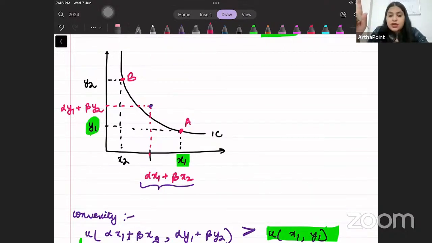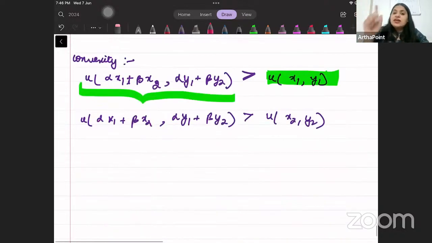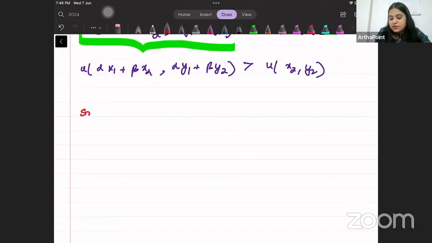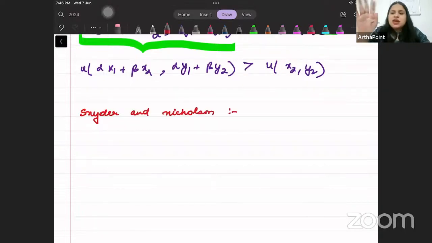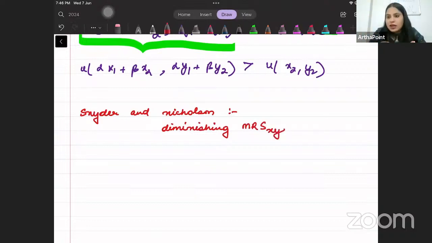Beta, the second definition is underlined under Snyder and Nicholson. If you have to read Snyder and Nicholson, I'm listing it down, no need to go there. It says convexity can be proved through diminishing MRS. So first I find MRS. MRS, we know, is the slope of the indifference curve.